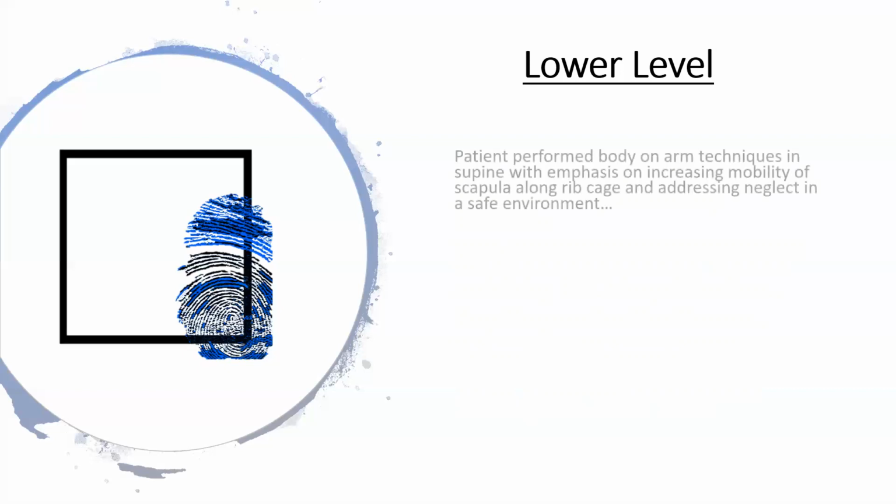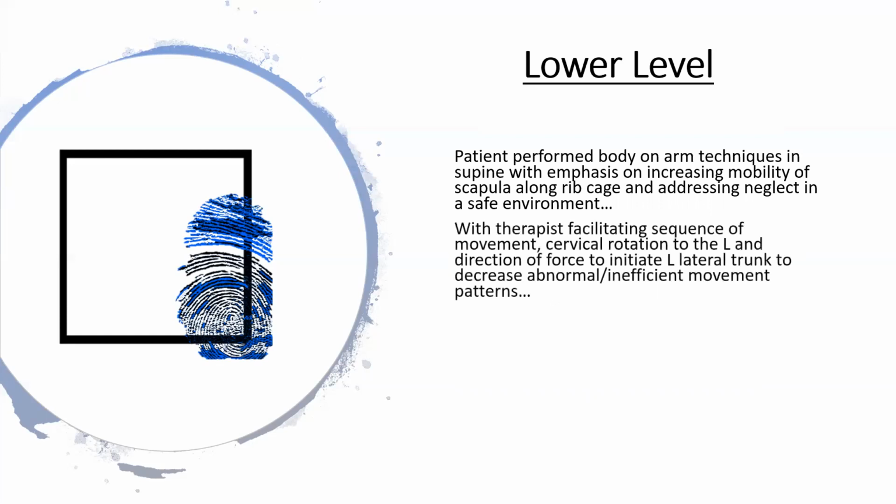The last example was of a guy that was standing, doing some stuff on the wall, which indicates a higher level patient. So let's go into a lower level treatment and documentation. So what did they do? They performed body on arm techniques in supine with emphasis on increasing mobility of the scapula along the rib cage and addressing neglect in a safe environment.